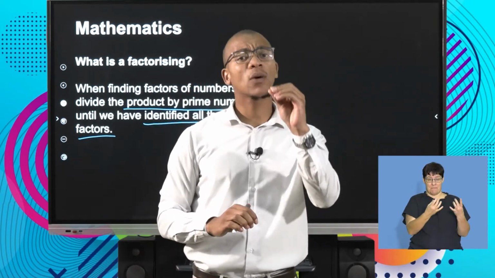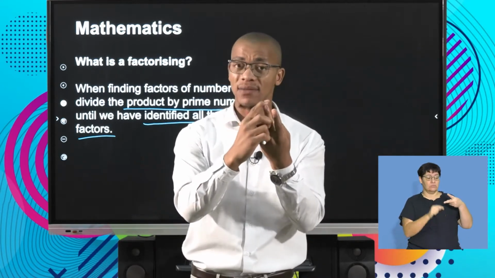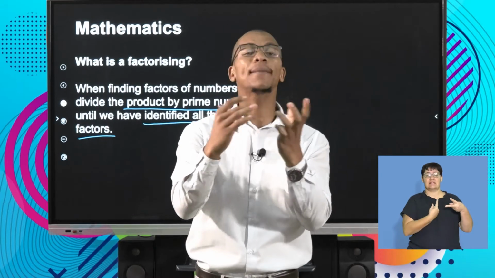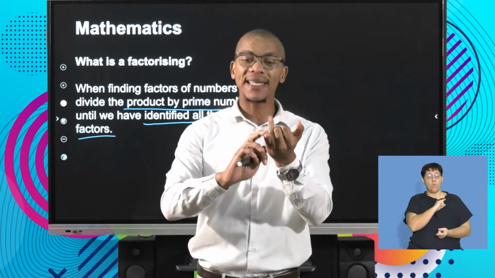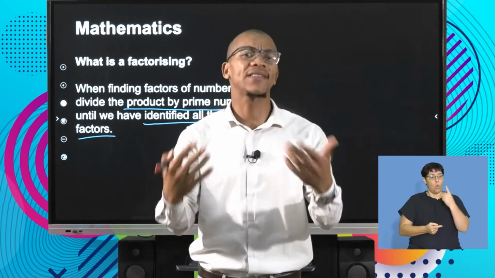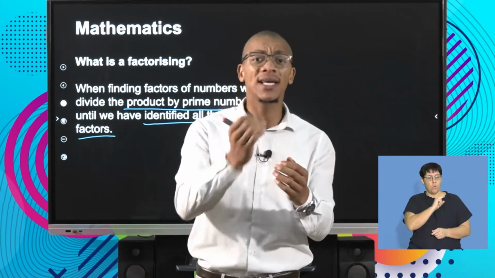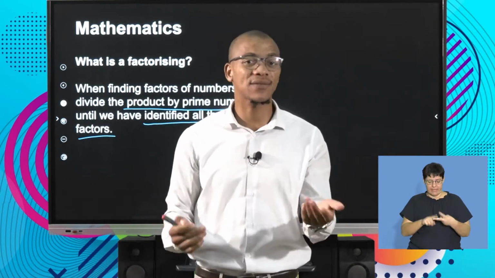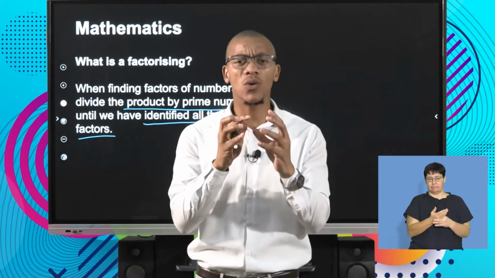Remember, a prime number is a number that has 2 factors, 1 and itself. So for you to say a number is a prime number like 3, it is because only 3 and 1 are divisible into that number. 6 will never be a prime number. Why? Because 2 is divisible, 3 is divisible, 6 is divisible, and 1 is divisible. So we need to understand this.